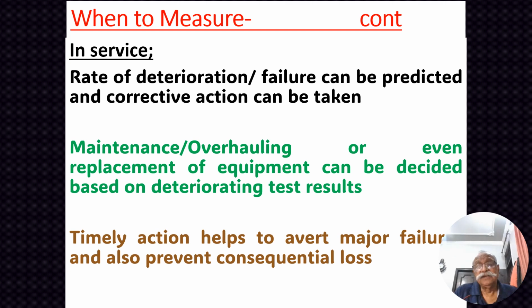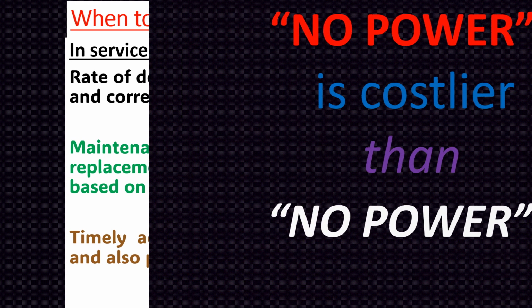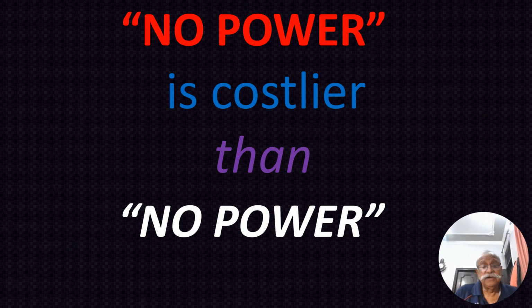When an equipment fails, there is a chance of blast and it may damage other equipments also. Once Dr. Homi J. Bhabha said that no power is costlier than no power. It means that when we spend crores of rupees on an equipment or a substation, and there is a failure on account of ignorance, then it becomes more costly.